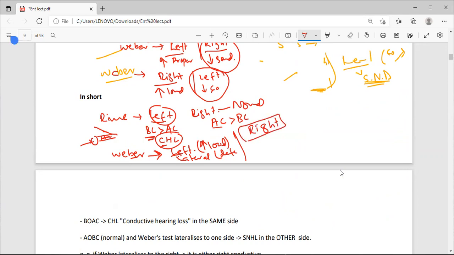This is tricky. In spite of the fact that there is confirmed conductive hearing loss, the Weber still goes towards the right side.